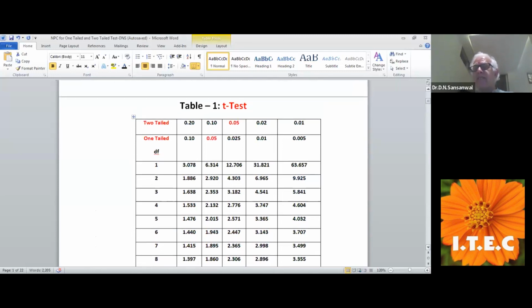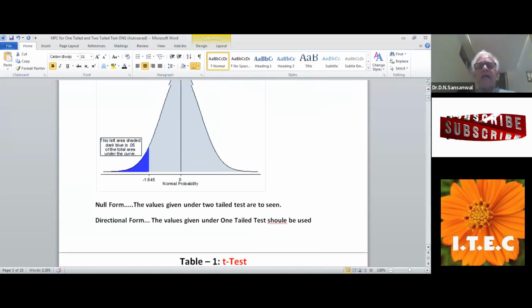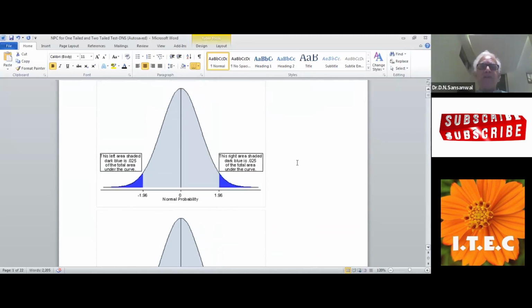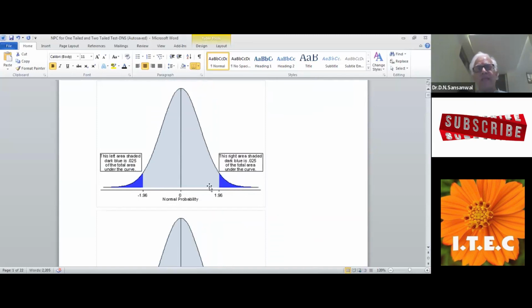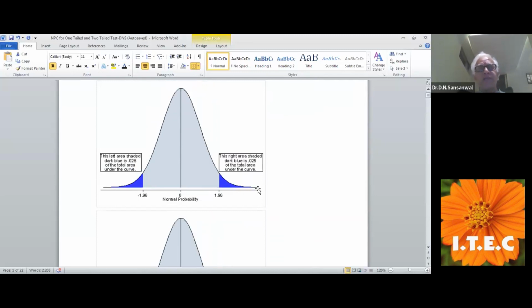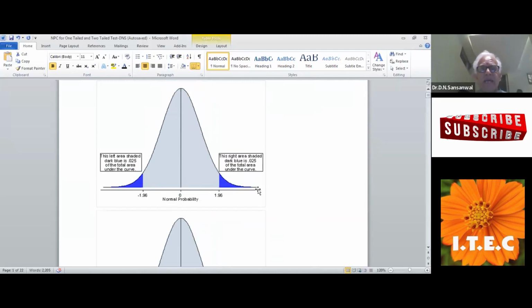Two-tail means that you have a normal probability curve and it has two tails. One is this, the other is this. One on the left-hand side and another on the right-hand side. And this does not touch the x-axis.